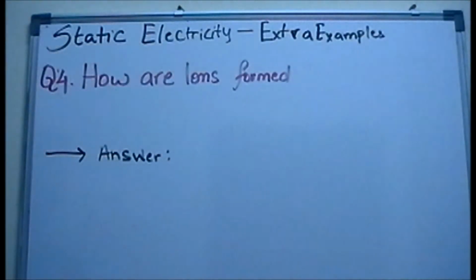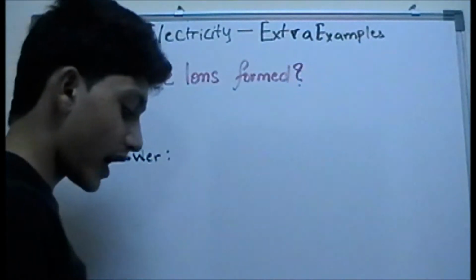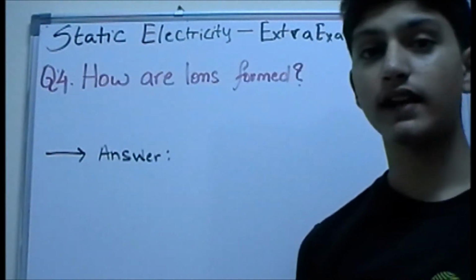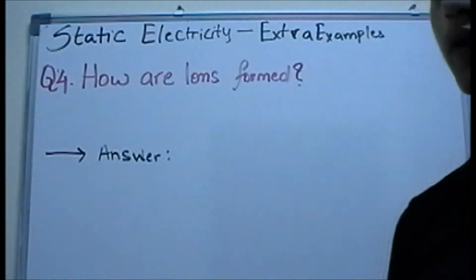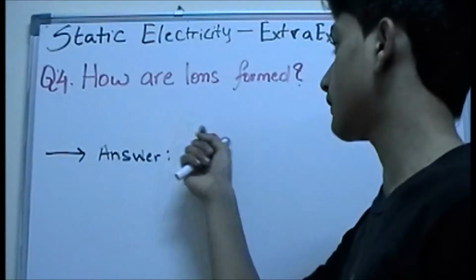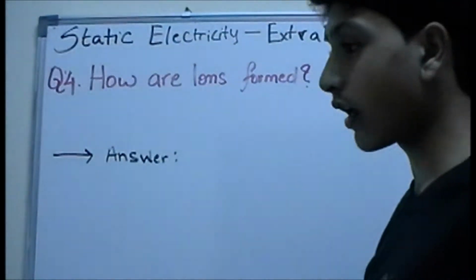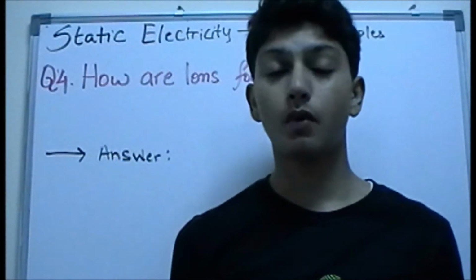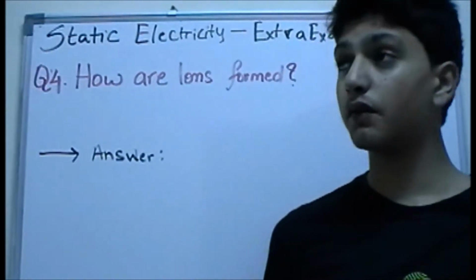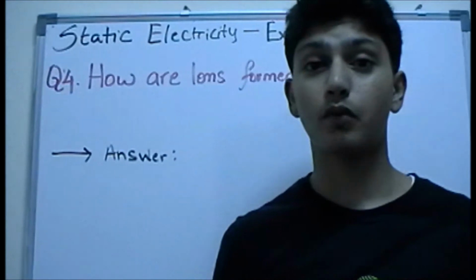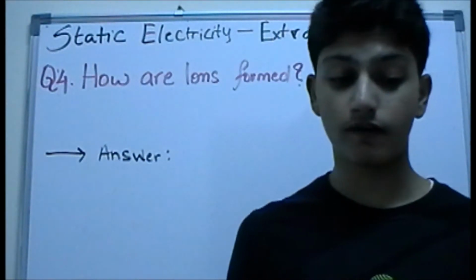Now that I have introduced you to the concept of ions, let's consider an example on ions. The fourth question in our section asks how ions are formed. Before the answer, recall from our discussion that ions are formed when you either add or remove electrons from an atom.